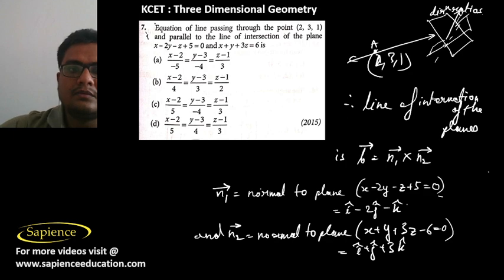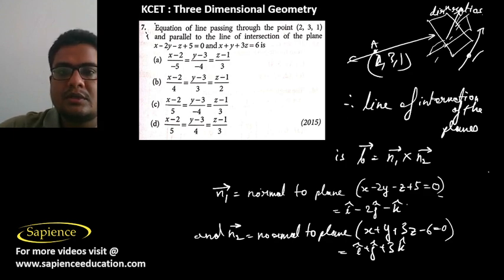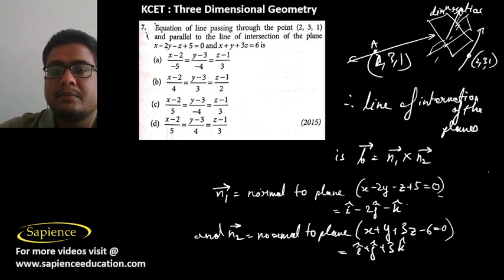So therefore we have to find the equation of the line that is passing through the point (2, 3, 1), and it is parallel to the line of intersection of these two planes.